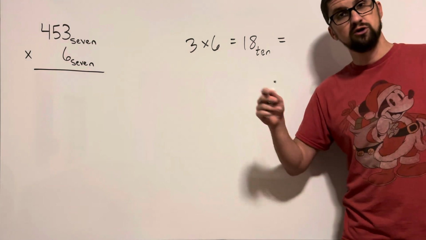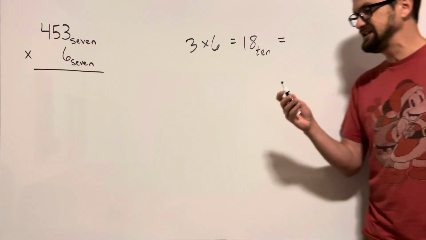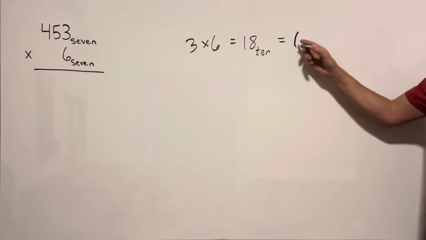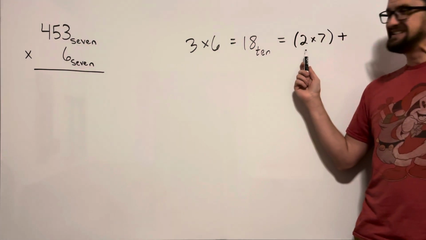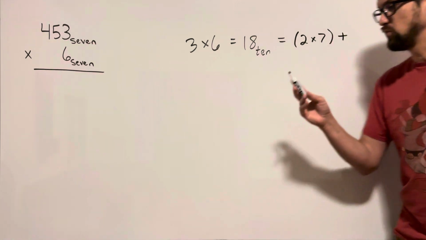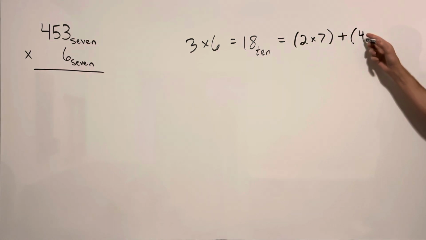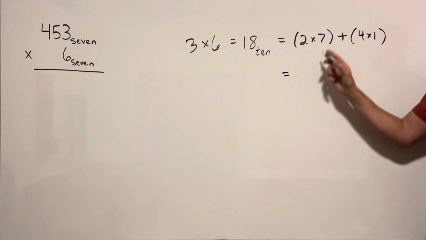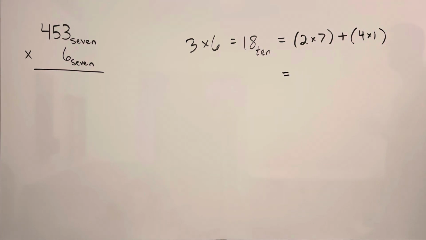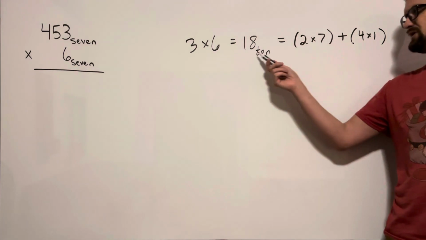And I can do 2. 2 groups of 7 make 14. So I can do 2 groups of 7. That's 14, and then I still need 4 groups of 1. So that's going to be 14 plus 4. That gives you 18.